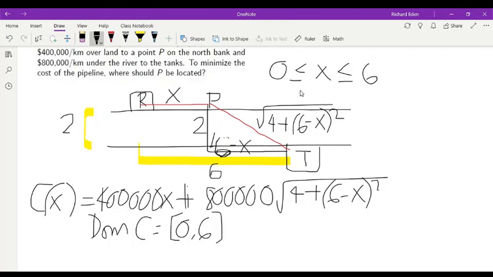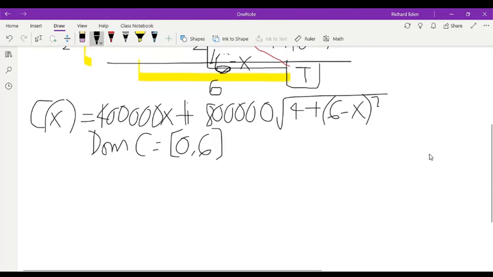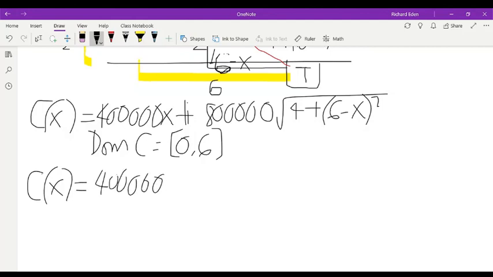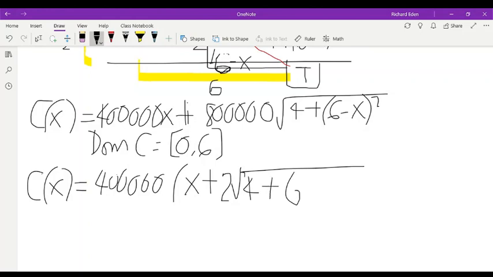Now, before we proceed and find the critical numbers, I'd like to add one other bit of simplification because the two terms of C of x have a common factor, 400,000, and when you factor it out, you'd be left with x plus double the square root of 4 plus the quantity 6 minus x squared.